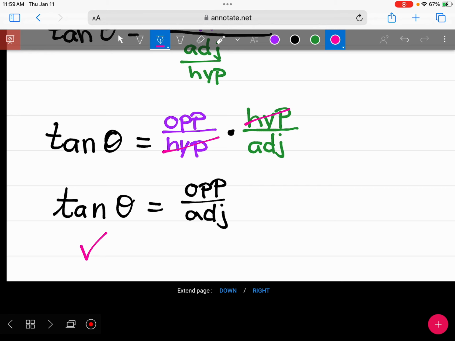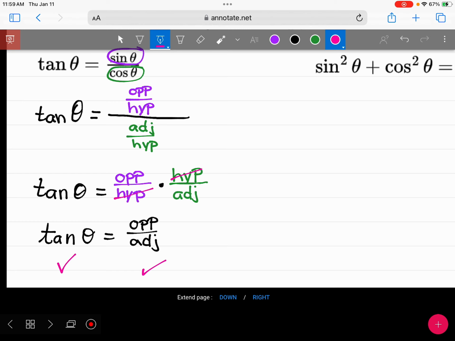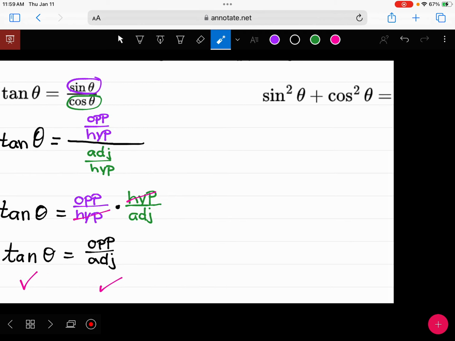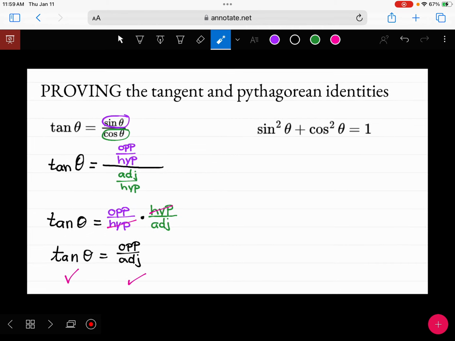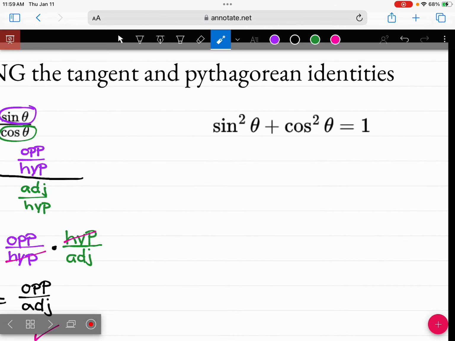My left-hand side meets my right-hand side; they mean the same thing. So we just proved that tangent of theta is the same thing as sine theta over cosine theta. That's what I mean when I say we're proving these identities: we're trying to make the left-hand side meet the right-hand side.